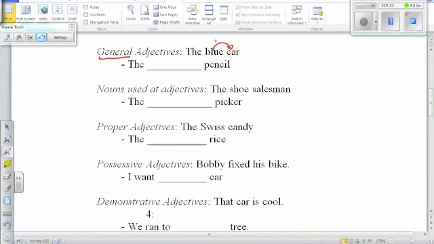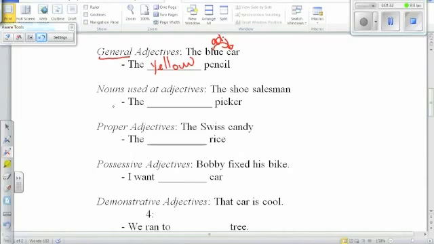Then we have to write ADJ for adjective above it, because later we'll be learning other words with arrows and we'll be labeling those, so we have to keep it straight. Examples of other general adjectives could be the yellow pencil, the large pencil, the beaten up pencil, the mechanical pencil. All of those words would describe pencil and be adjectives.